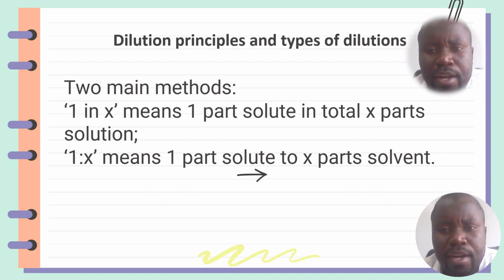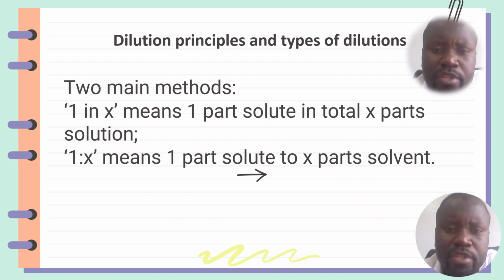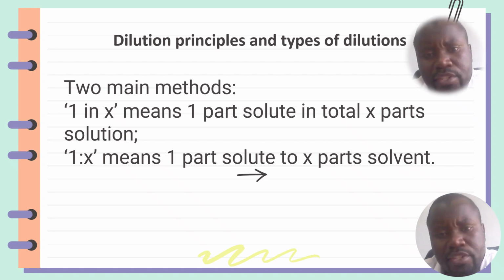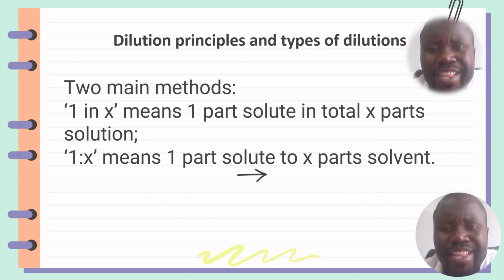The other is where you have a particular amount of substance or drug to the amount of solvent that is needed. So if we have one in X, it means that we have one part of a particular solute in the total X parts of the solution.